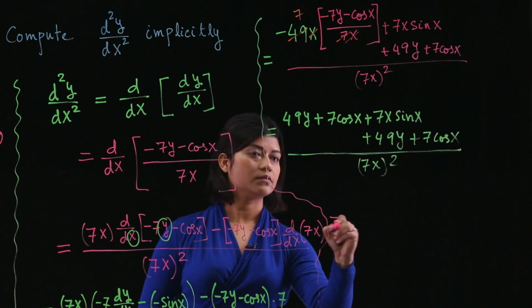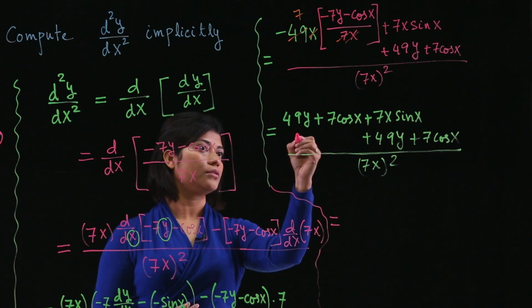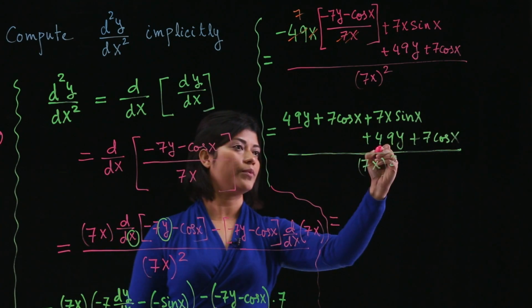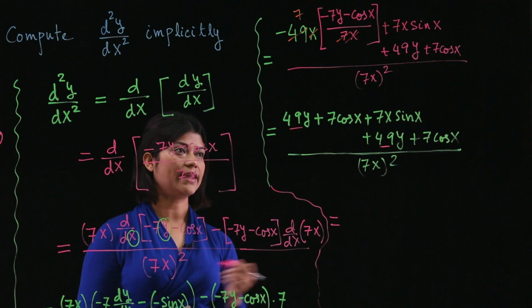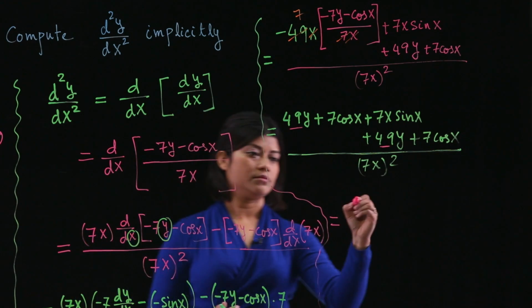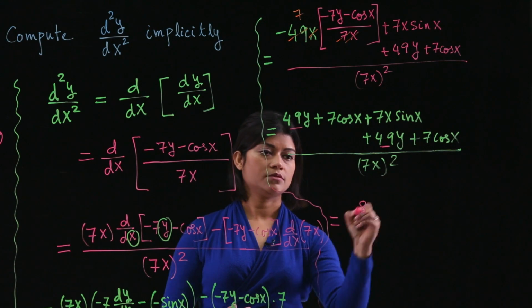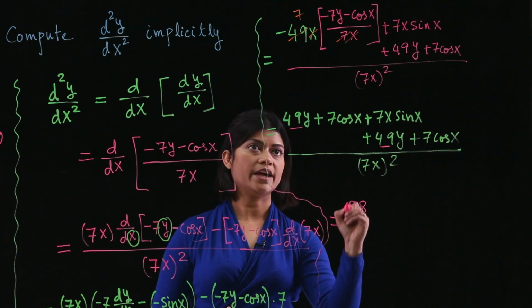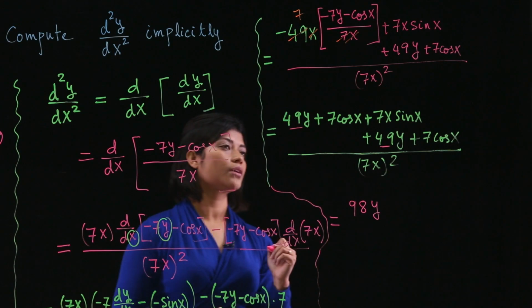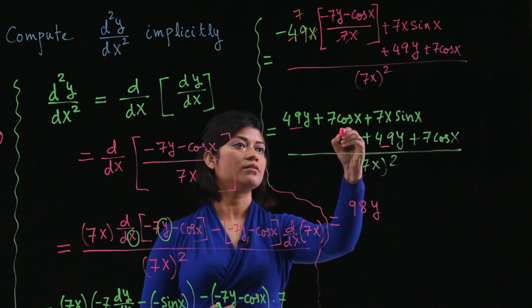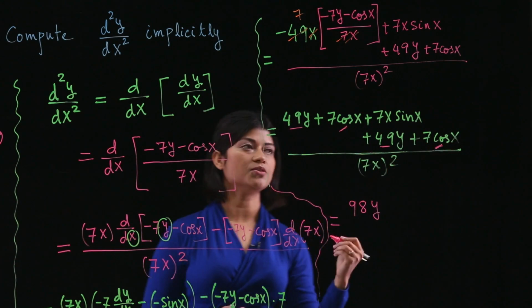All right, so let's see. We have 49y plus 49y. Can add them together, so 2 times 49, that's 98y. Then we have a 7 cosine of x, another 7 cosine of x.